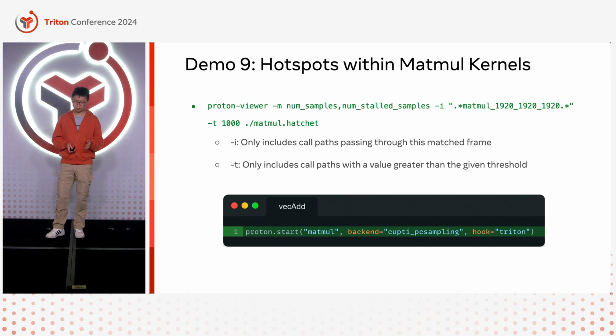But when visualizing it, we need to supply a few more advanced options, including -i, which is a filter option that includes in the final profile only call paths passing through the matching frames, and -t, which specifies the threshold, meaning only call paths with a value greater than the given threshold are shown. Here, the threshold is set to 1,000, meaning that only frames containing more than 1,000 samples will be shown in the final profile.